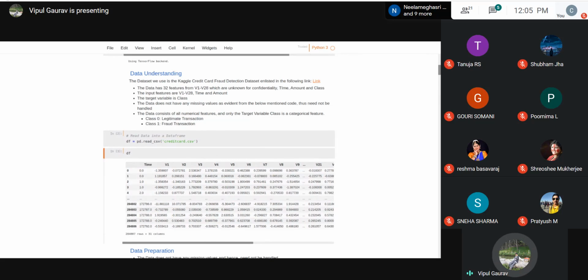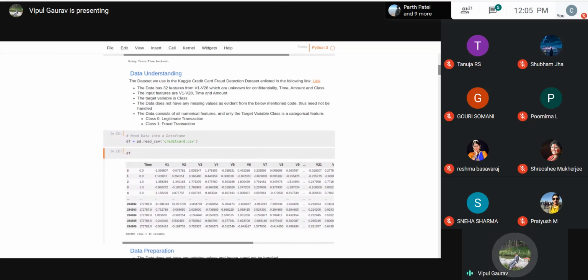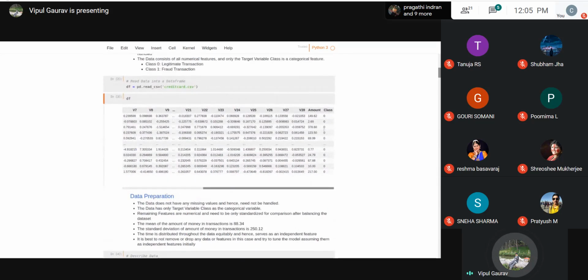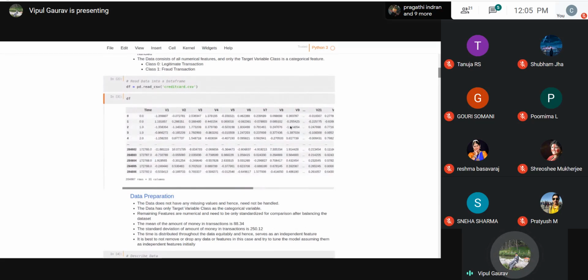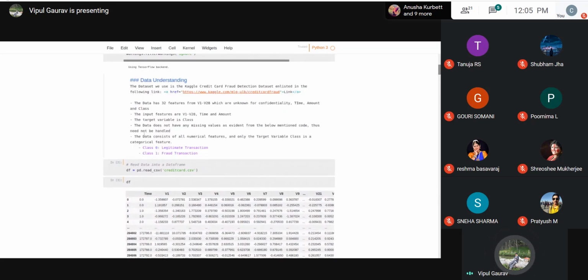So basically the idea is that we will take from time till amount all these columns as input to our machine learning model, and our machine learning model will predict class as the final output, and we will compare it with the actual classes which are shown in the data frame and see whether our model is actually predicting the fraud transactions correctly or not. In our case, class 1 means fraud transaction and class 0 means legitimate transaction.